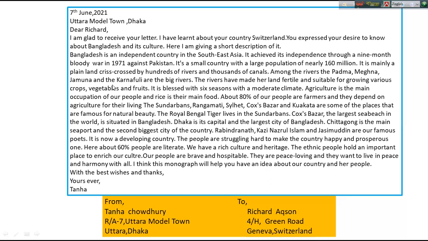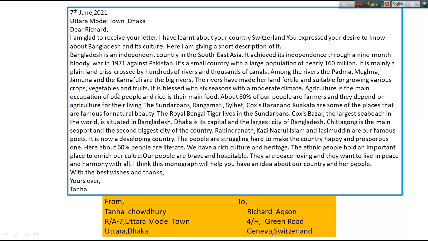Bangladesh is an independent country in South East Asia. It achieved its independence through a 9-month bloody war in 1971 against Pakistan. It's a small country with a large population of nearly 160 million. It is mainly a plain land crisscrossed by hundreds of rivers and thousands of canals.